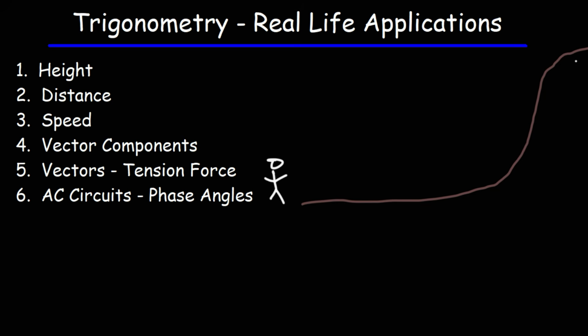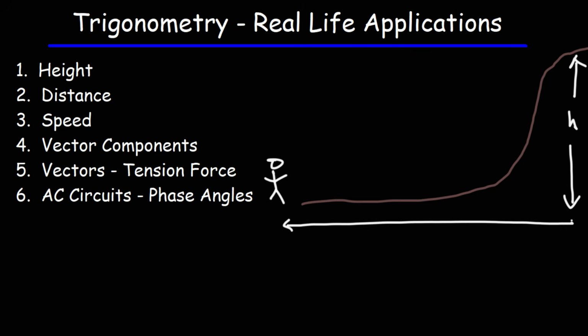You want to measure the height of the mountain, but you're very far away. For you to walk all the way from here to the base of the mountain is impractical. It's too far away to measure. In a situation like this, how can you use trigonometry to calculate the height of that mountain if you don't know this distance?